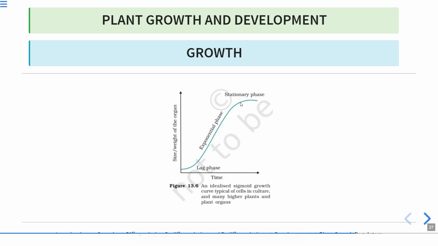And after that, you can see there is a stationary phase. So this stationary phase is showing that the nutrient which is supplied in the culture medium has been reduced now. So the cells stopped growing at that particular rate, and also the cells started dying because of the consumption of the nutrients. So here you can see the growth now becomes stationary, right?